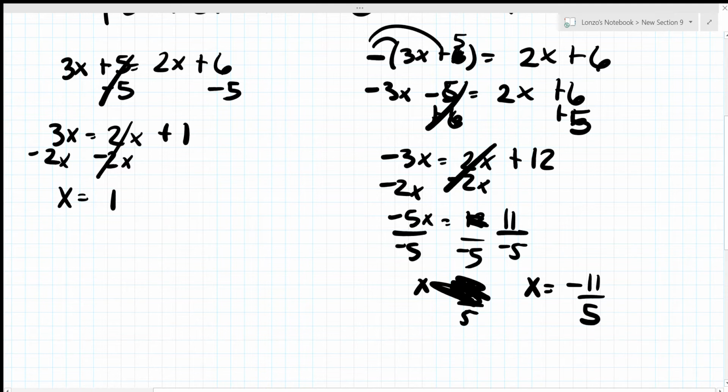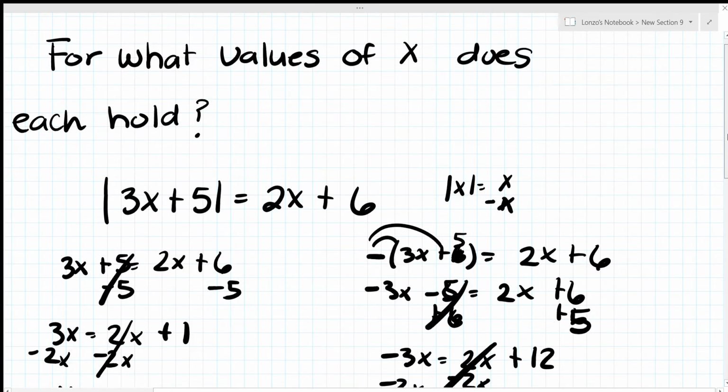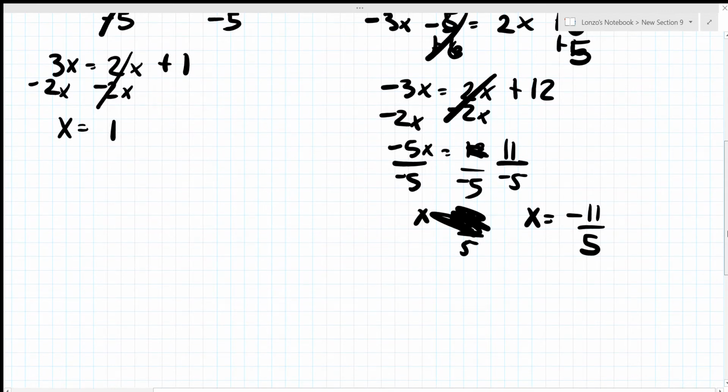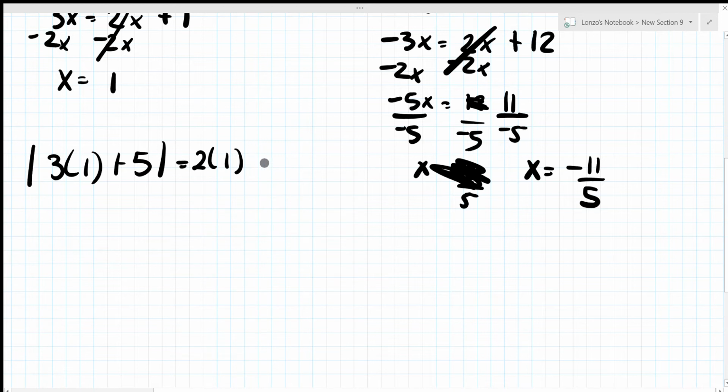Now, you see you have two solutions. Just like the last problem, you always got to check, especially in a two-case absolute value problem. So we'll put it back into the first original equation. Let's try 1. It's going to be the absolute value of 3 times x, which is 1, plus 5, equals 2 times 1 plus 6.